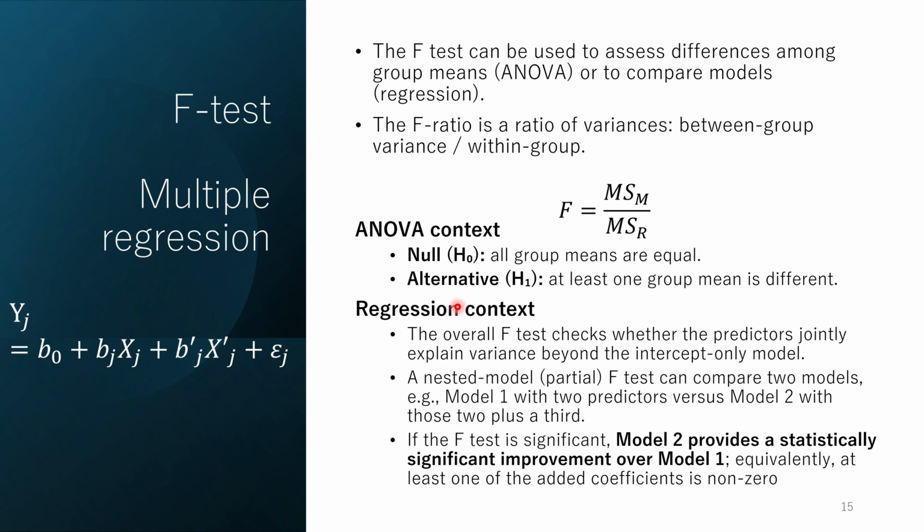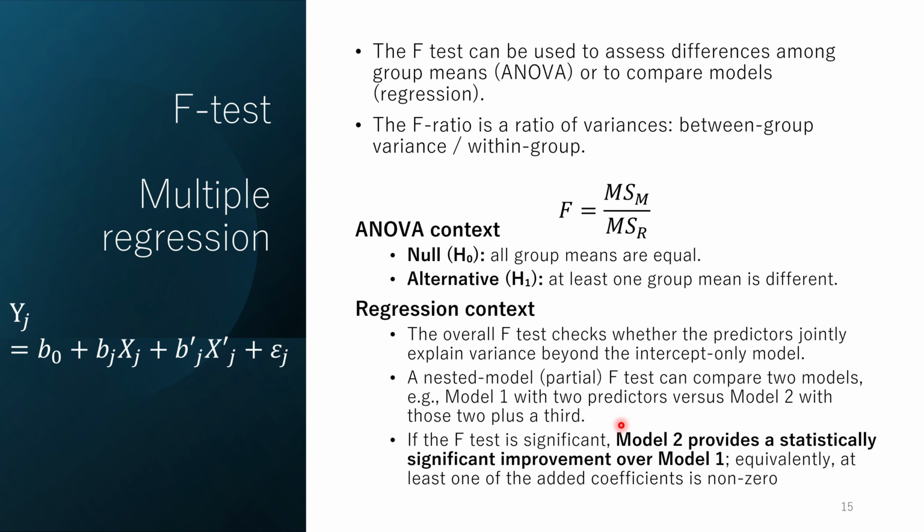And the regression context is here. An F-test can compare two models. For example, model 1 with 2 predictors versus model 2 with 3 predictors.